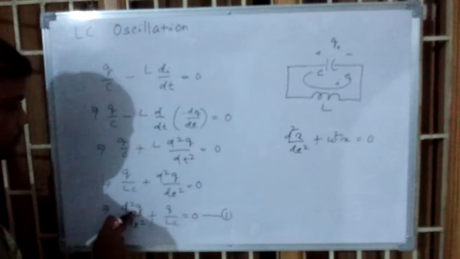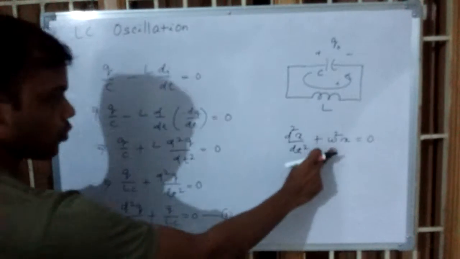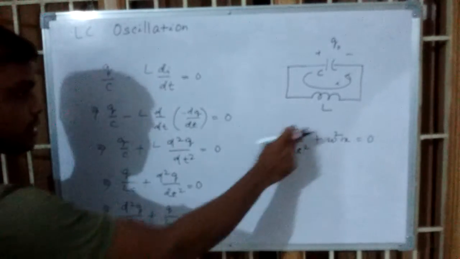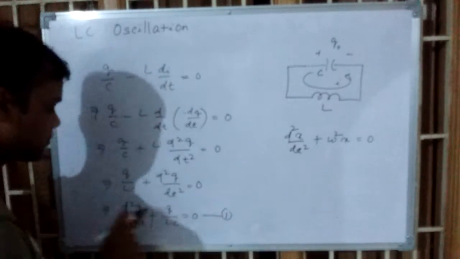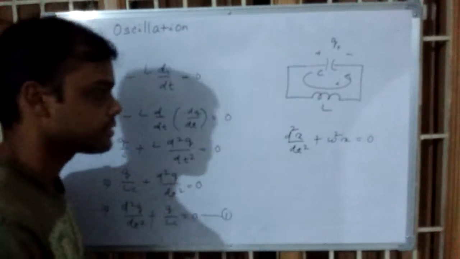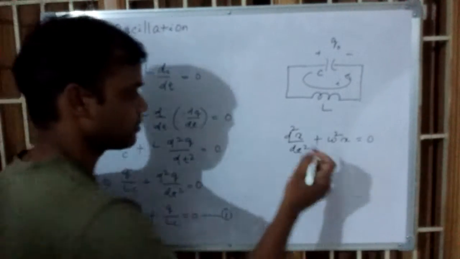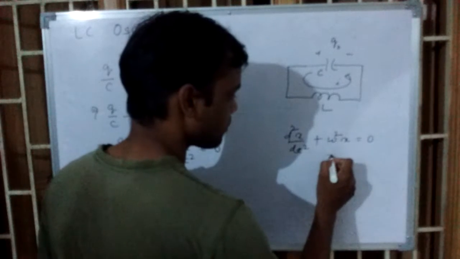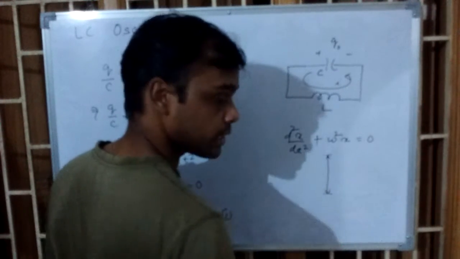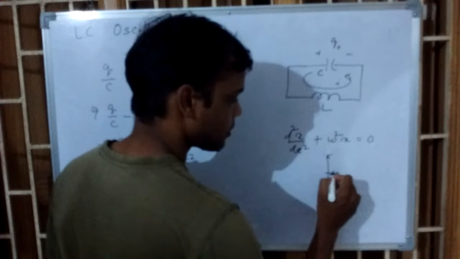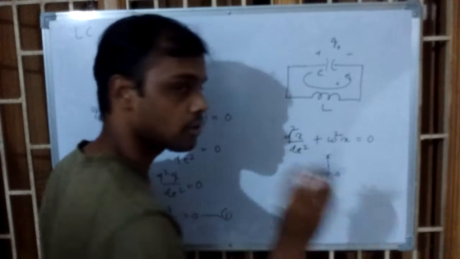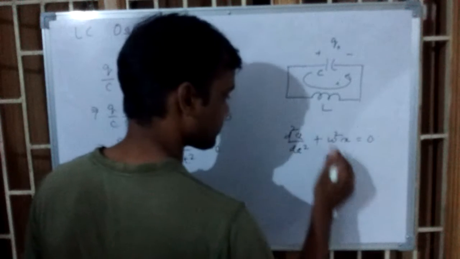Here x corresponds to Q. Omega square corresponds to 1 by LC. The equation resembles this equation. Here, what is x? X is nothing but the displacement of the quantity. It was the simple harmonic motion. If a body is oscillating between these 2 points, with this as the center, then at any moment the distance from the center is called x or displacement x.